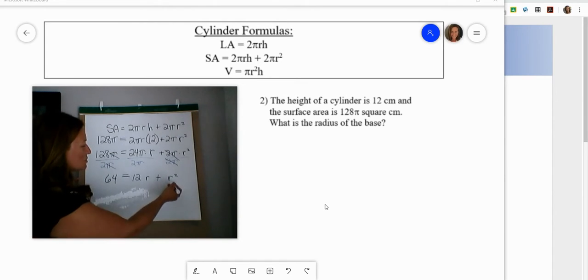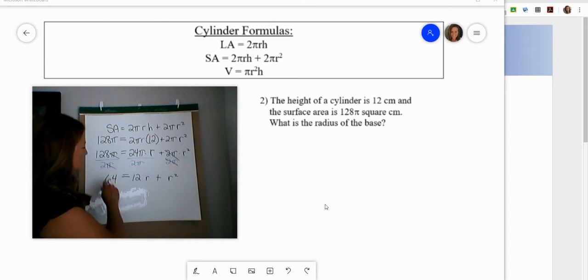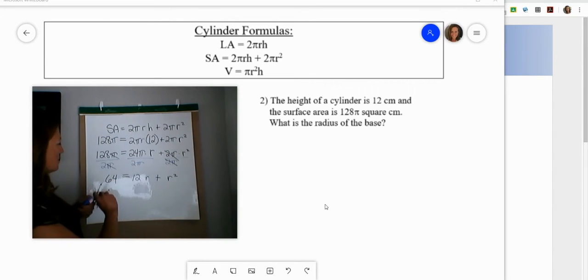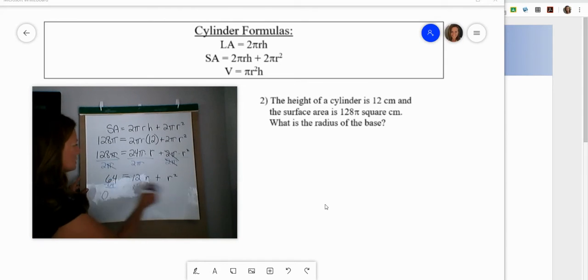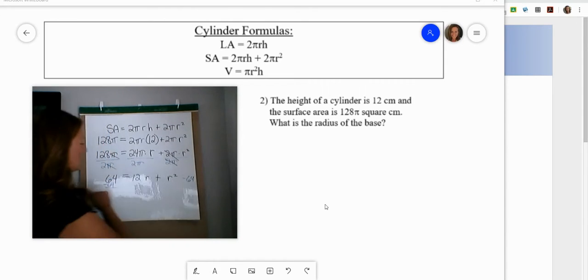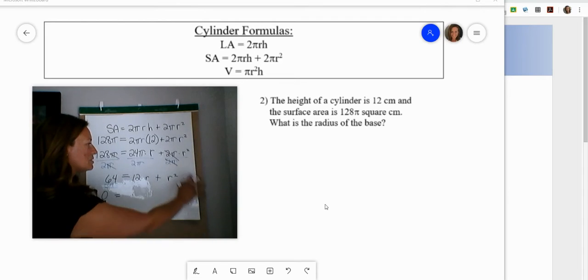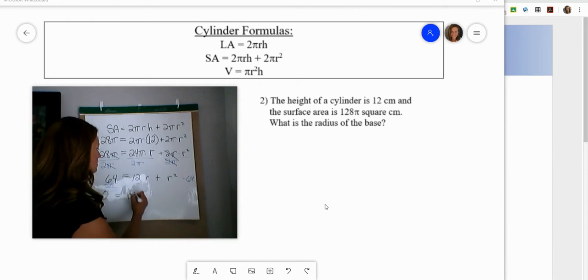So I'm basically going to subtract 64. I'm going to put 0 here. I'm going to get rid of 64 by subtracting it from both sides. On this side, these are my 3 terms. I'm just going to rearrange. I'm going to swap those 2 by the commutative property.